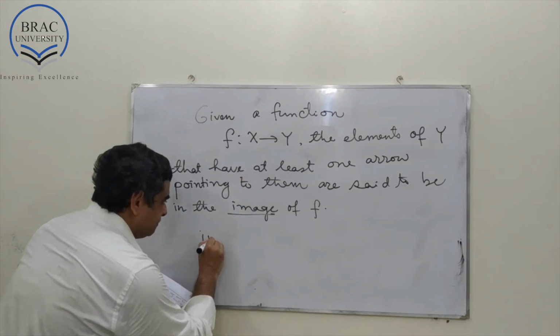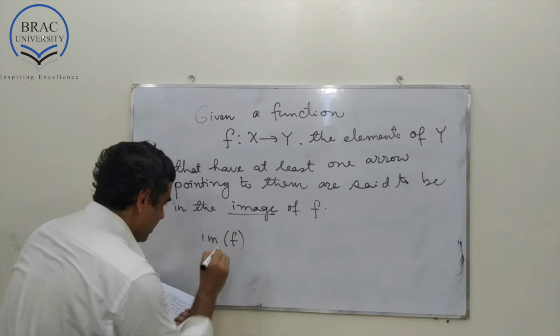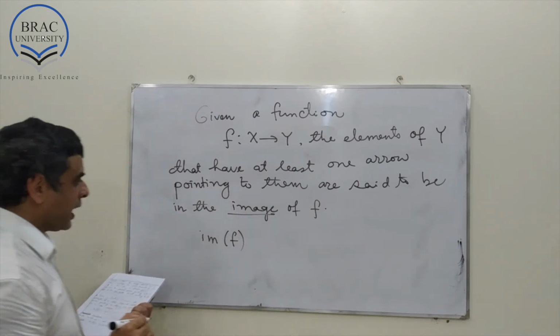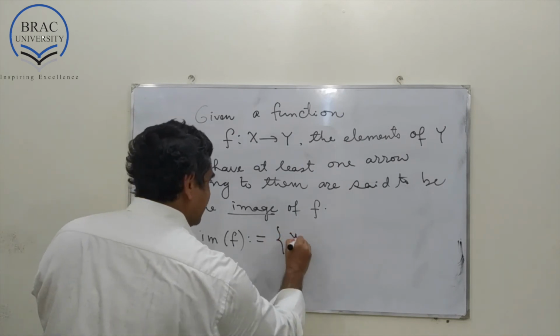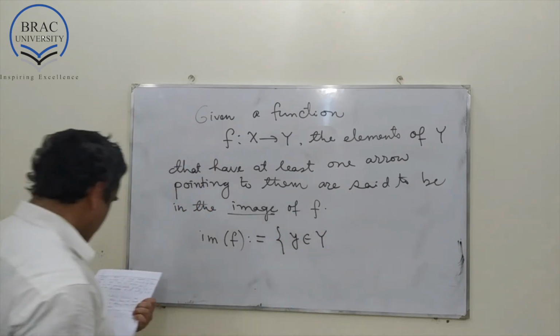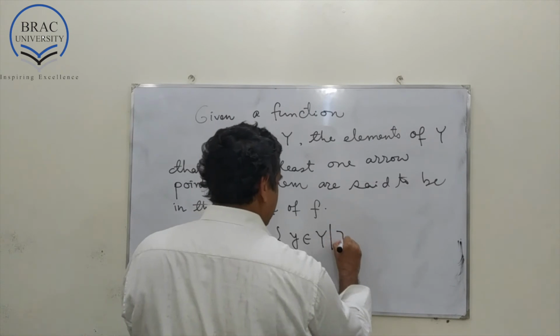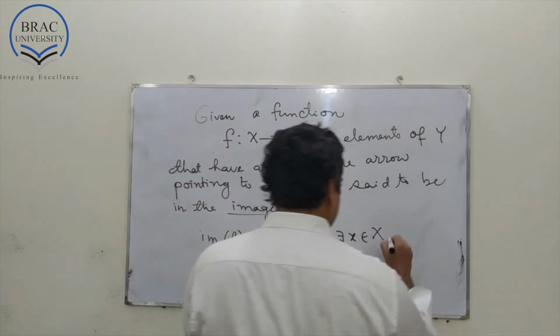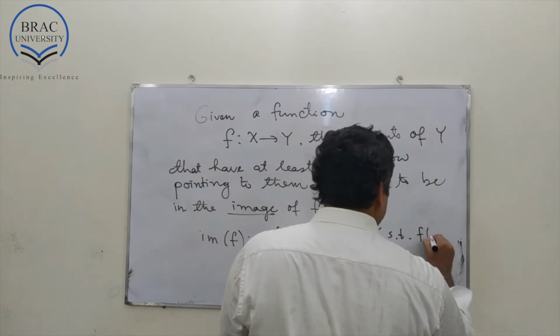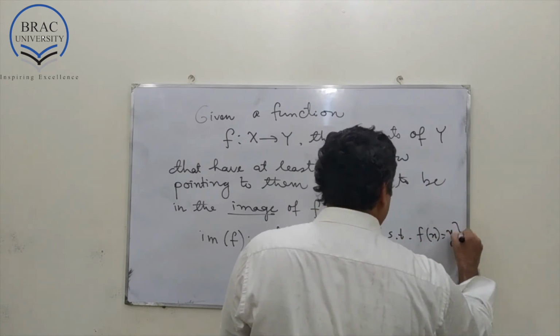Formally, we denote the image of f with Im f, which is defined as the set of elements y in the codomain such that there exists an element x in the domain with f(x) equal to y.